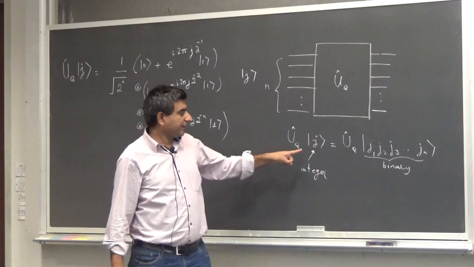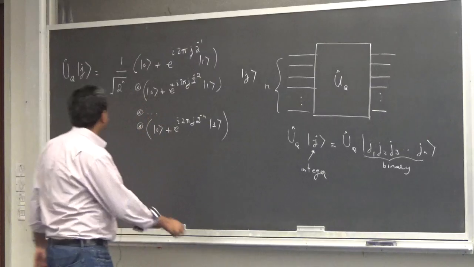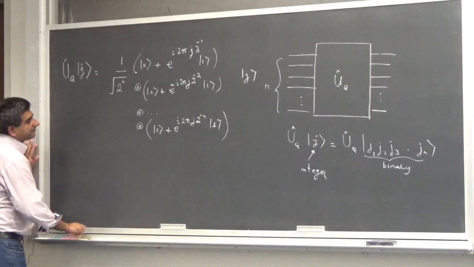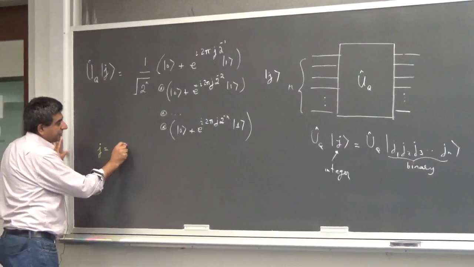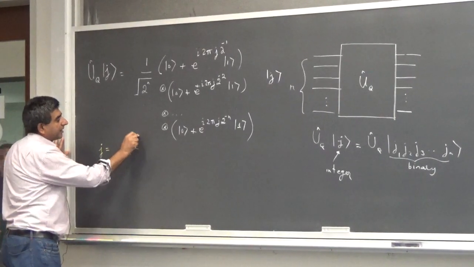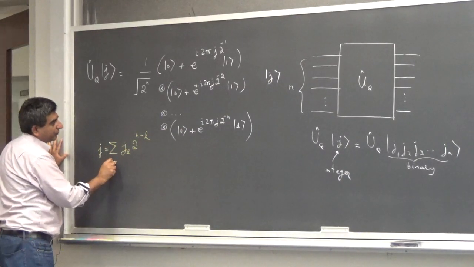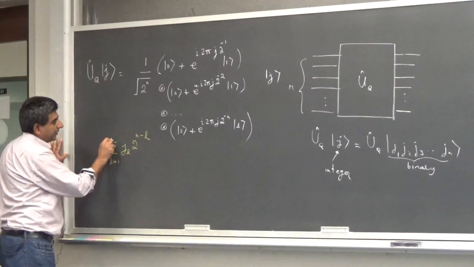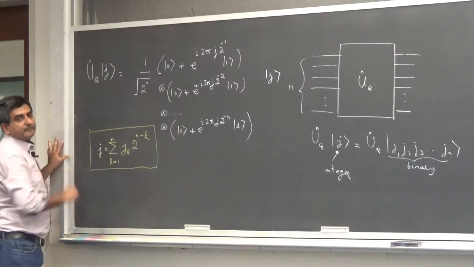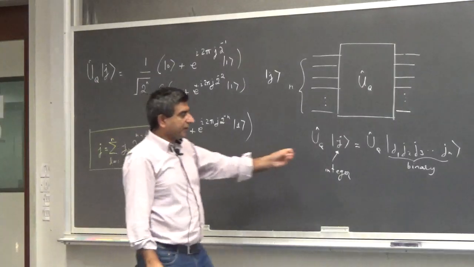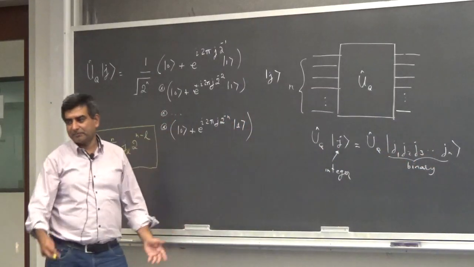And we already know the relationship between j and these j sub l. The integer j is the sum of j_l times 2 raised to power n minus l, where l goes from 1 to n. So this is how you can convert any string of zeros and ones to its equivalent integer form.